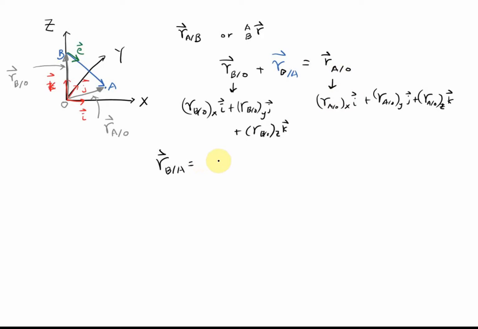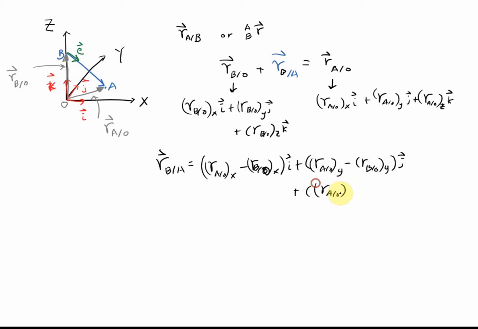So what I mean is: RAO x component minus RBO x component, everything for i, and then RAO y component minus RBO y component j, plus RAO z component minus RBO z component k, like that. So this is the way we represent our force vector.